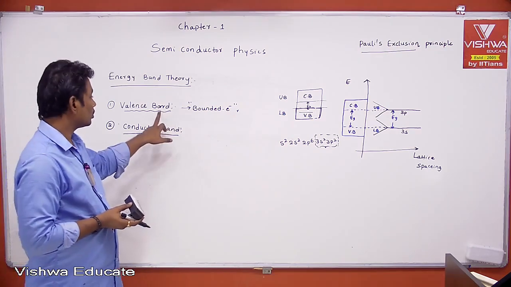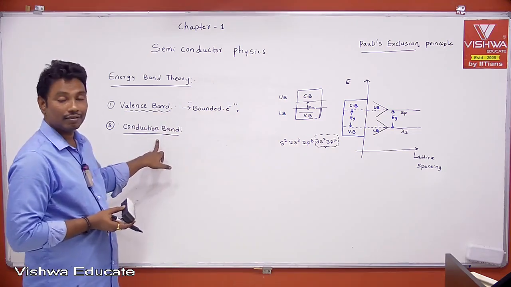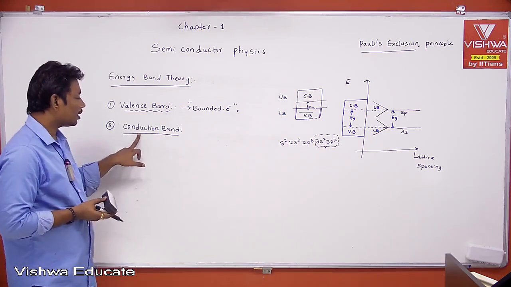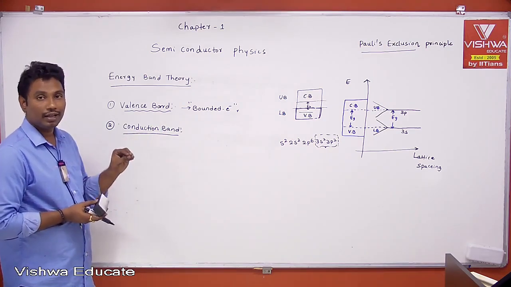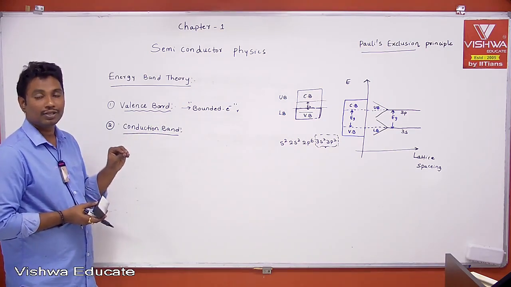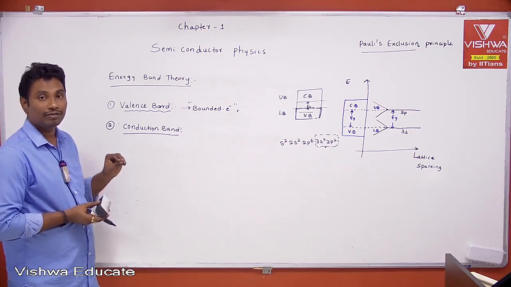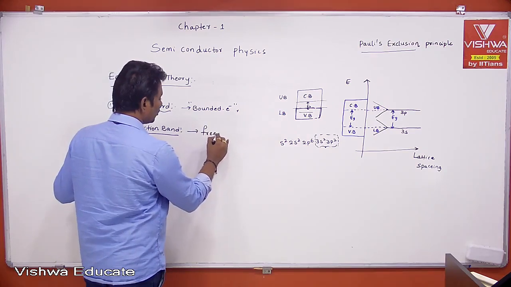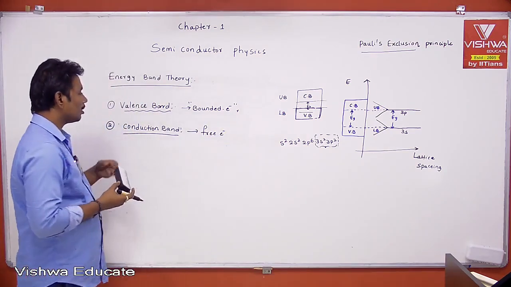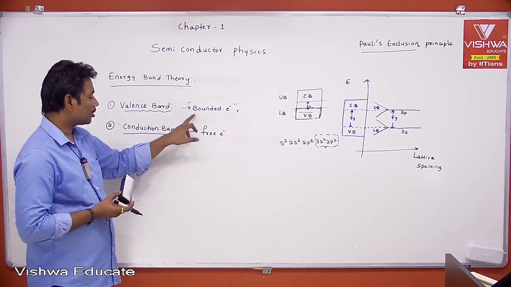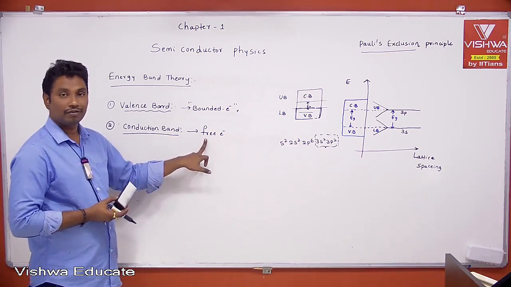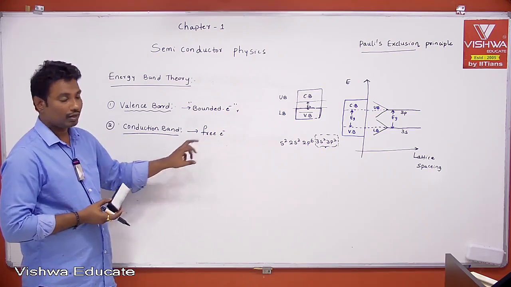The valency band is closer to the nucleus, but this is far away from the nucleus. The electrons in the conduction band are weakly influenced by the nucleus. Such electrons are called free electrons. That means electrons in the valence band are bounded electrons, and electrons in the conduction band are free electrons.